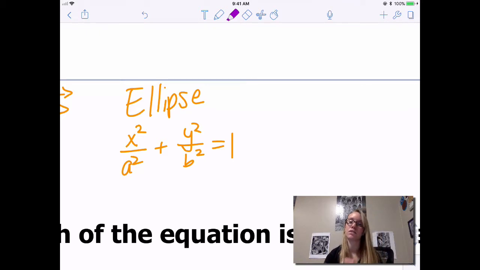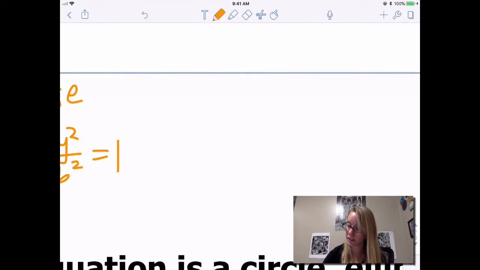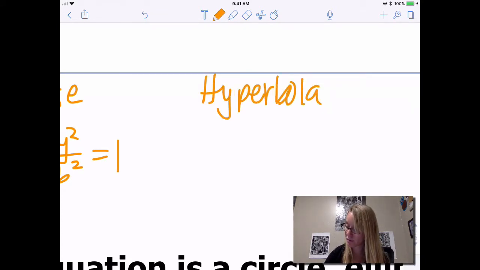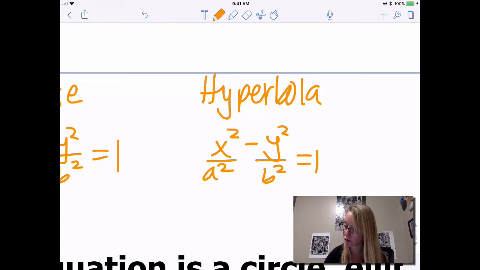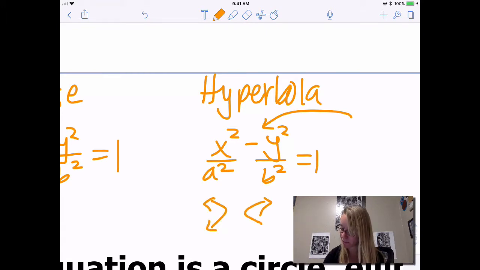So if you ever see different coefficients happening, you know it's an ellipse. And last is what we did today, hyperbola. Hyperbolas are x squared minus y squared with different numbers here. They could be different, they could be the same. But the big thing is that we have subtraction, okay? And those, again, have branches.